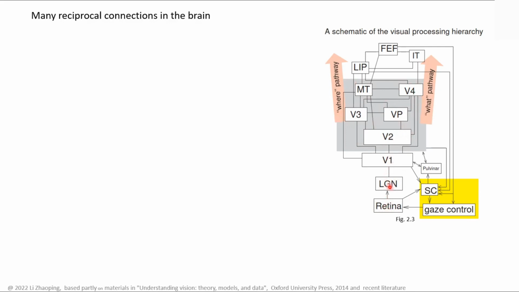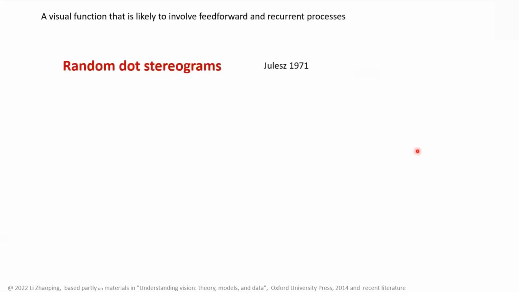But here, LGN to V1 is less than V1 to LGN feedback. This feedback is massive, okay? And V1, V2 also feedback quite massive, although I forgot which one is more. And all of these where I don't have arrows, that means they are both feed forward and feedback. They are really reciprocal in the brain.